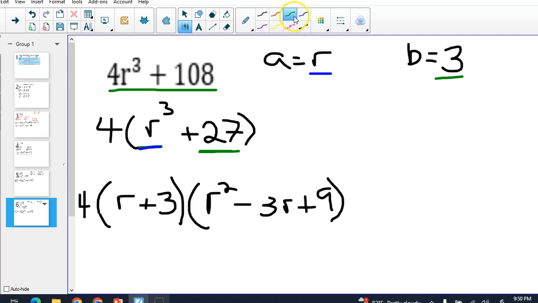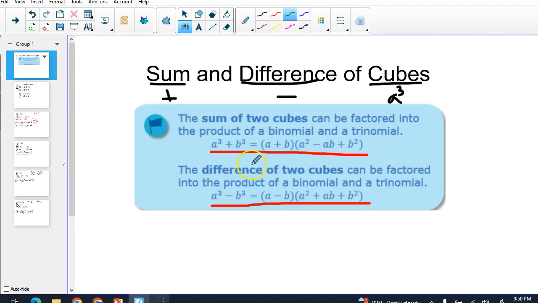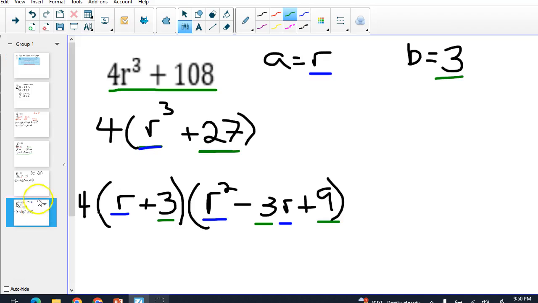So if we plug those values in, we get r plus 3 times r squared minus r times 3 plus 3 squared. All we're doing is finding our a and b values and then plugging them back into that formula.